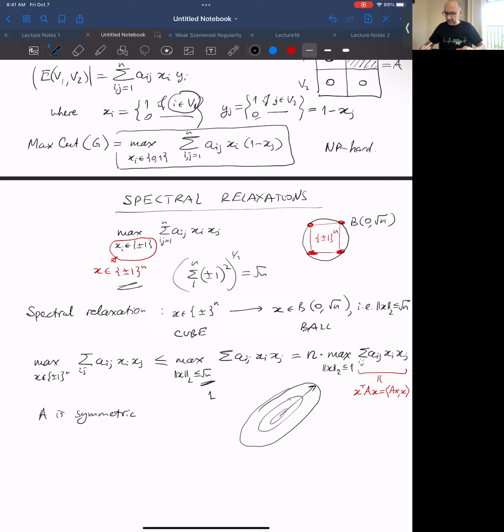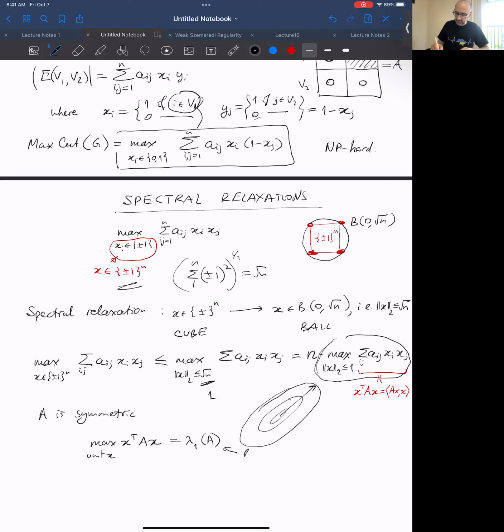If you don't know that, how can you? Is there a way to get this in 10 seconds, to explain why this holds or not? The maximum of x transpose A x over unit vectors x is the largest eigenvalue.